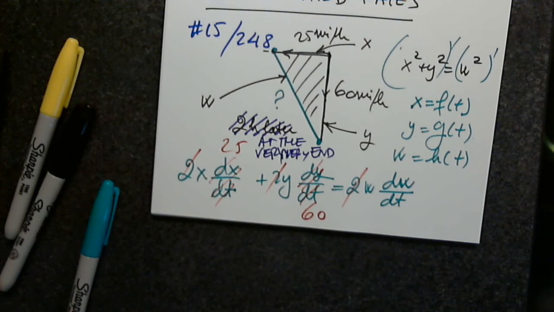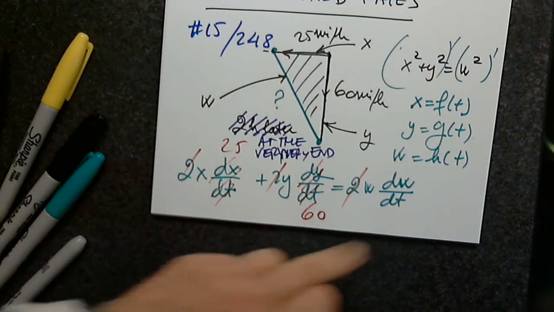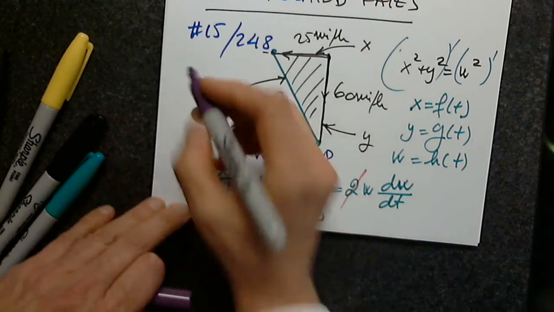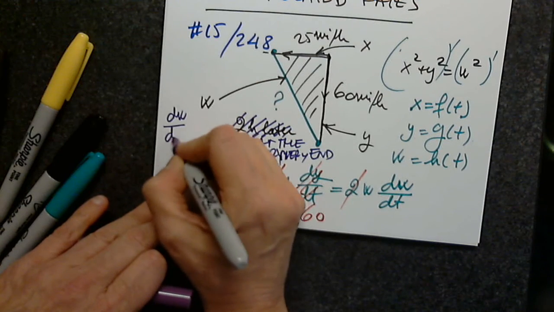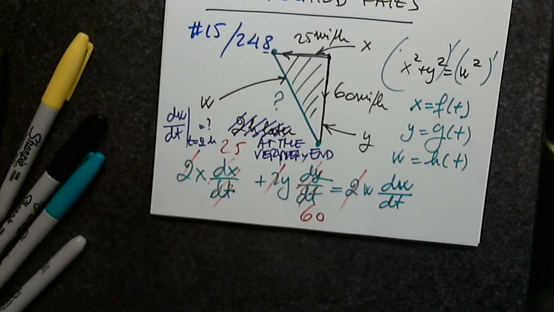If you don't have the derivative, you cannot plug in the number. Because we are asked to find dw over dt when t is 2 hours. And if you remember, we always said, how can I plug in something if I don't have that something? So I have to find the derivative first, and then I will plug in.